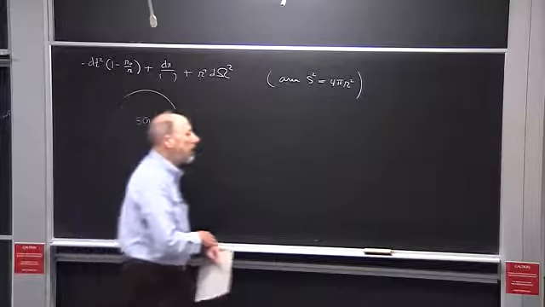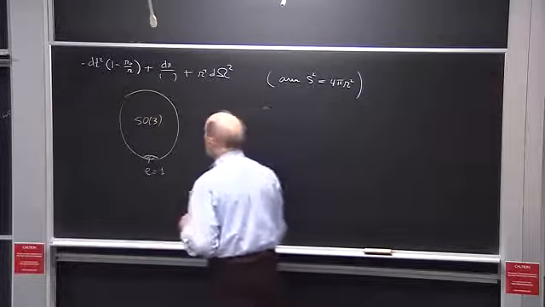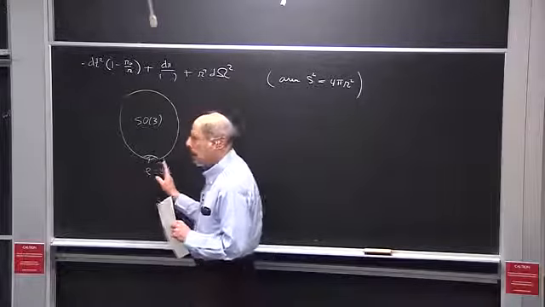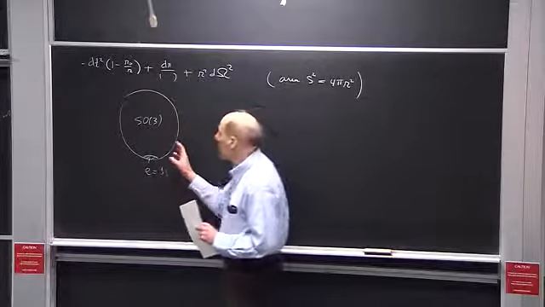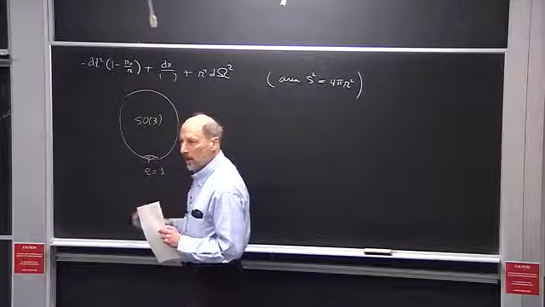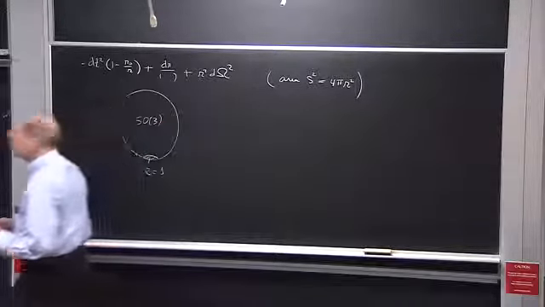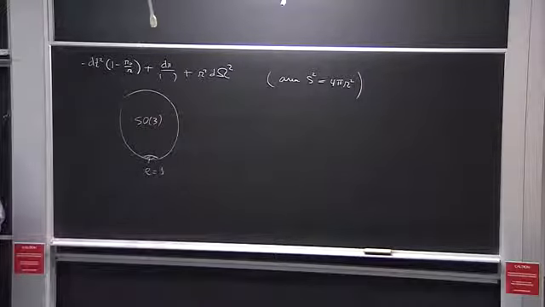So there should be as many linearly independent Killing vectors as there are dimensions of the group. Now we can ask, what is the dimensionality of the group SO(3)? There are many ways to think about it, but we know it's a three-dimensional group.